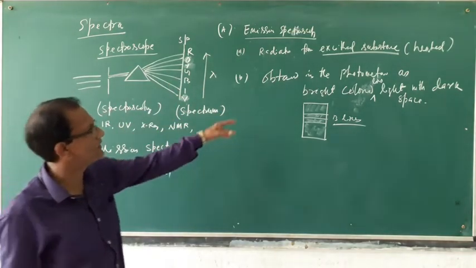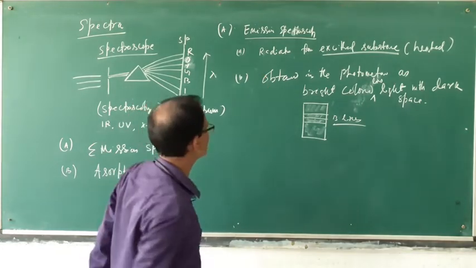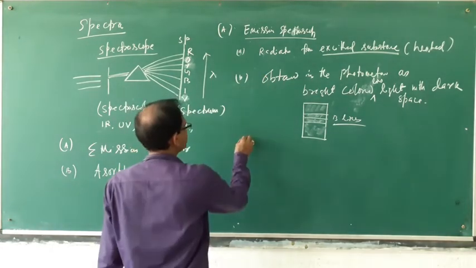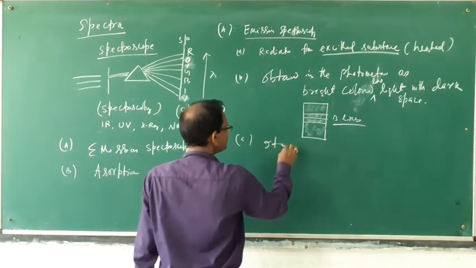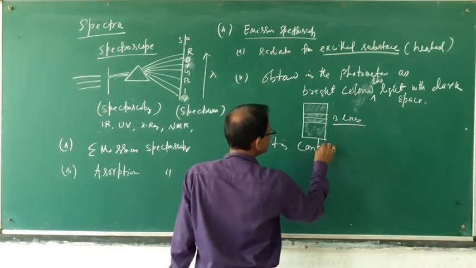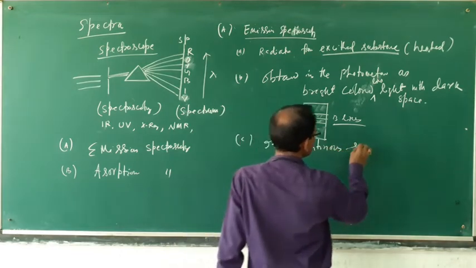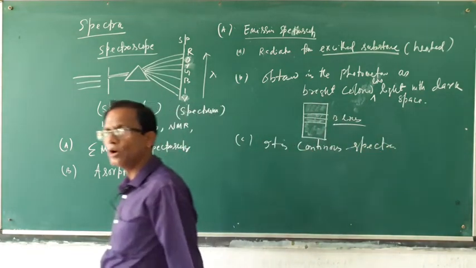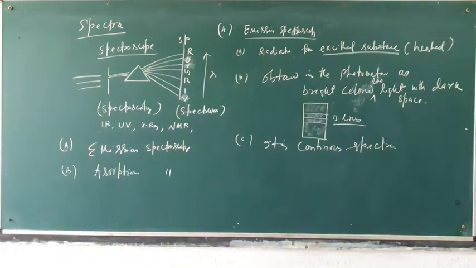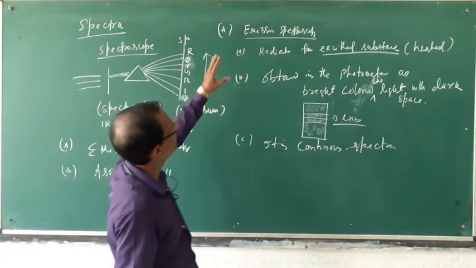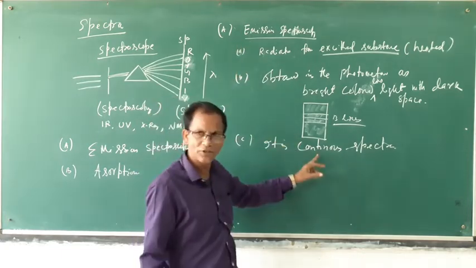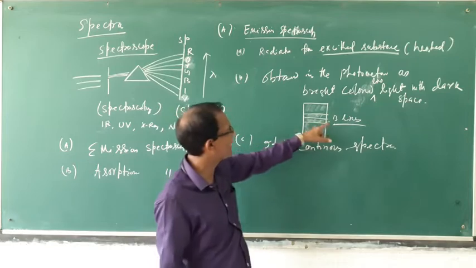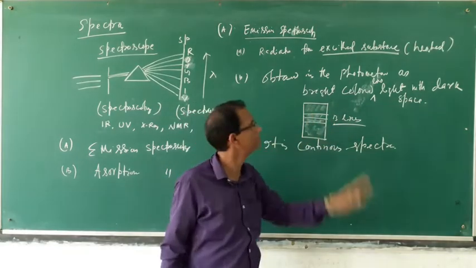That is the important characteristic of emission spectra, and it is also called continuous spectra. Emission spectra is a continuous spectra, and the characteristic is bright lines with a dark space.